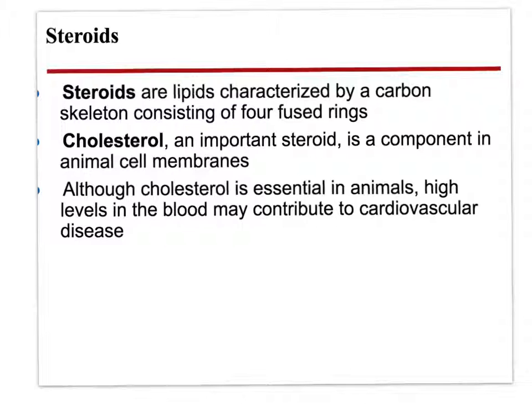The structure of this is what we call 3 rooms and a bath. Okay, that's what I learned when I was sitting in your seats. Basically you have three 6-member rings and a 5-member ring. That makes up the structure, the backbone of cholesterol.